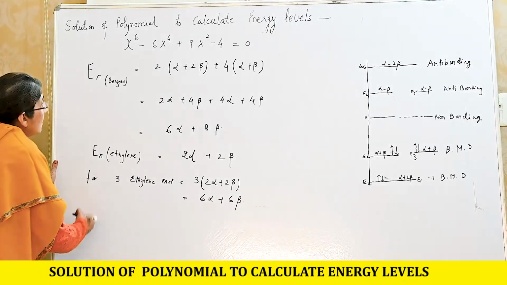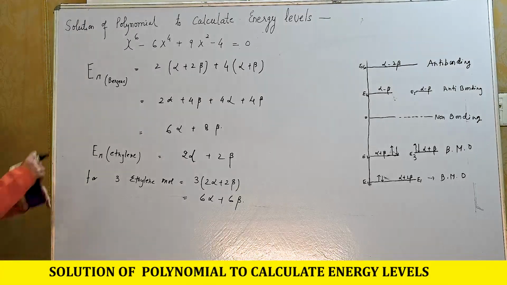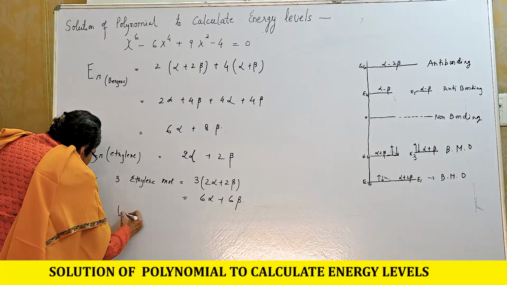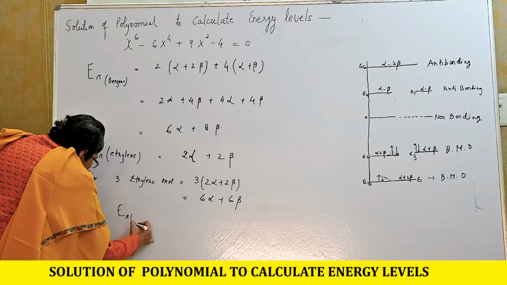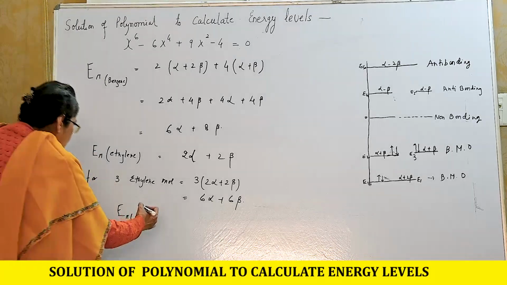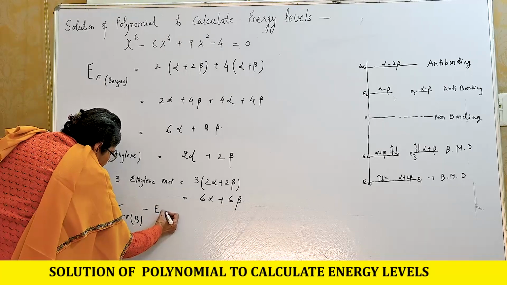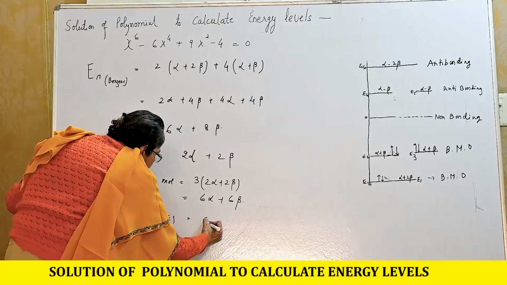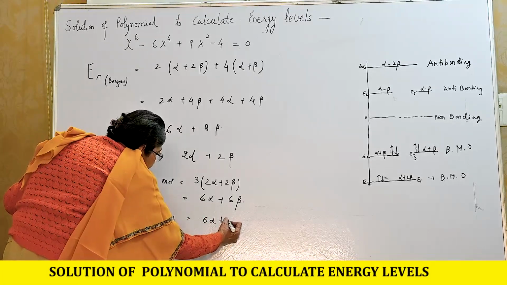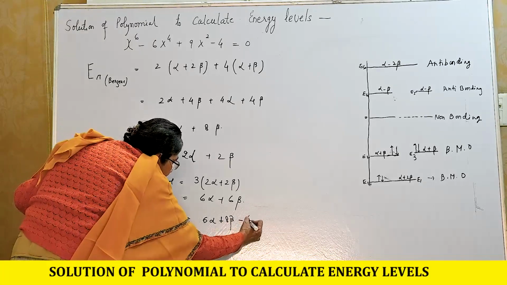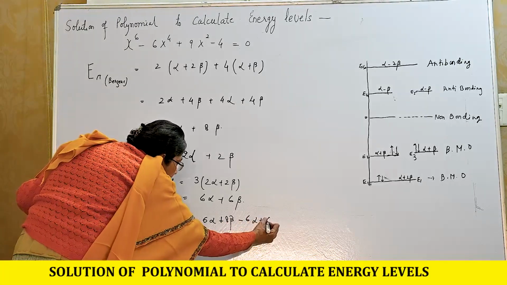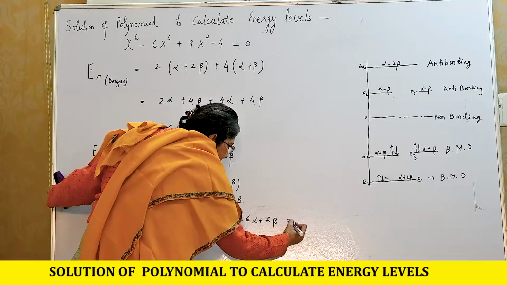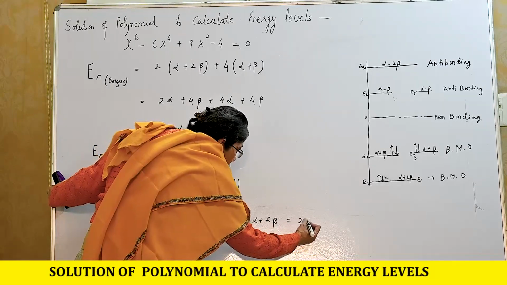Now we deduct this. E pi for benzene minus E pi for 3 ethylene is 6 alpha plus 8 beta minus 6 alpha plus 6 beta. It means benzene's E pi is greater than that of 3 ethylene molecules by 2 beta.